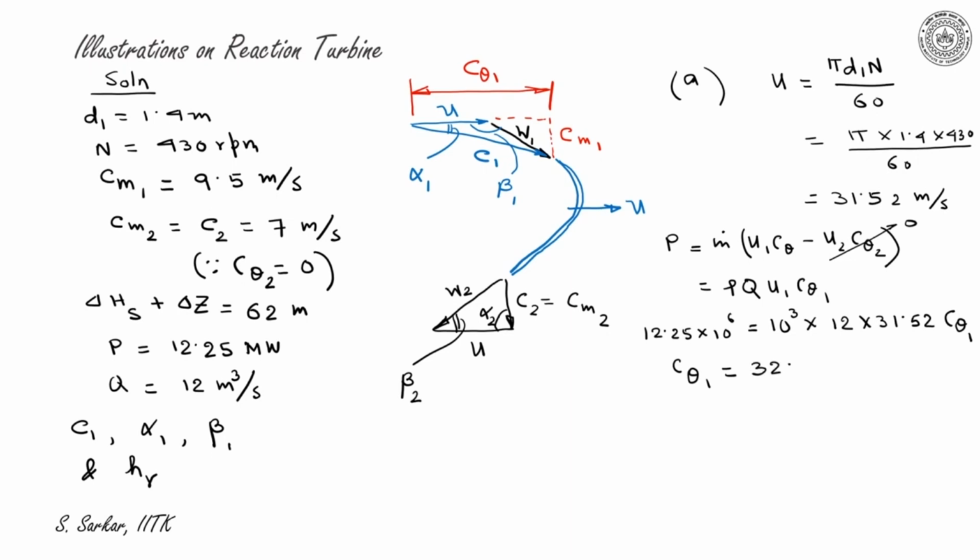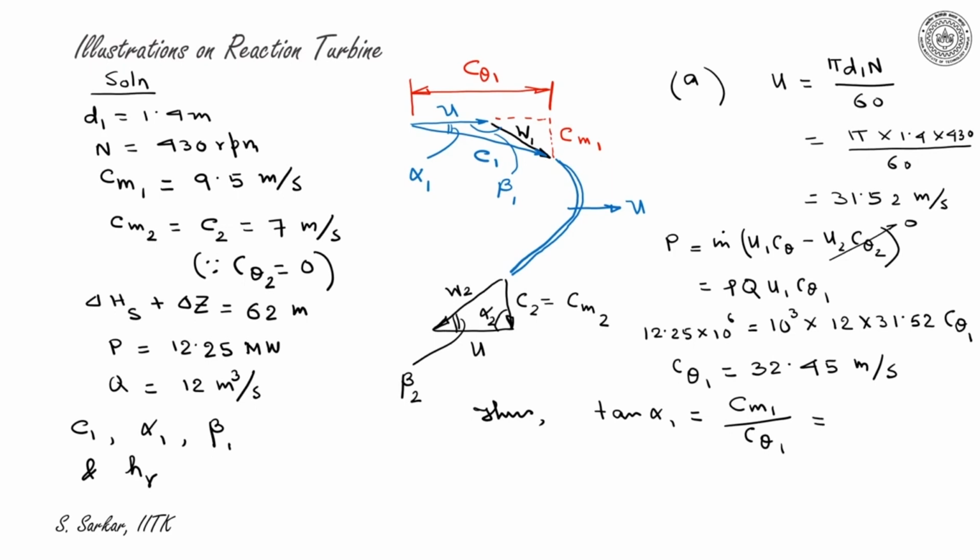C theta 1 I have evaluated as 32.45. Thus, after calculation, I got alpha 1 as 16.317 degree. So this is the one answer. So I have evaluated alpha 1.